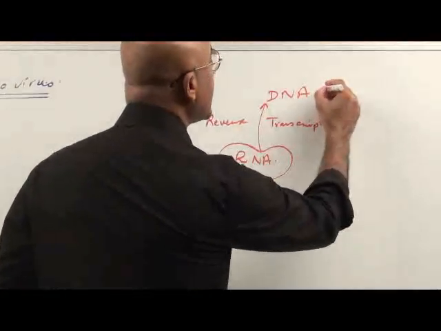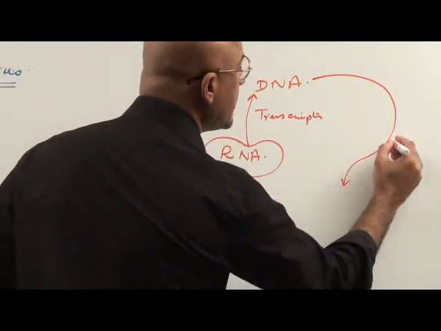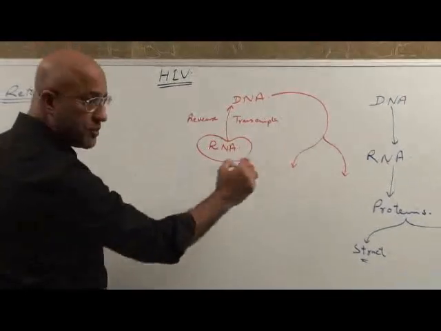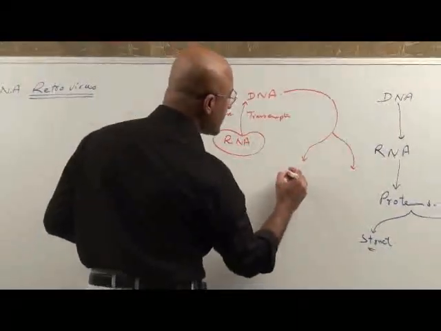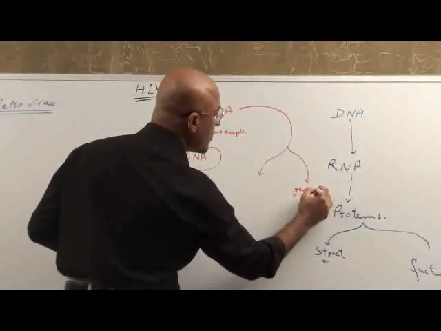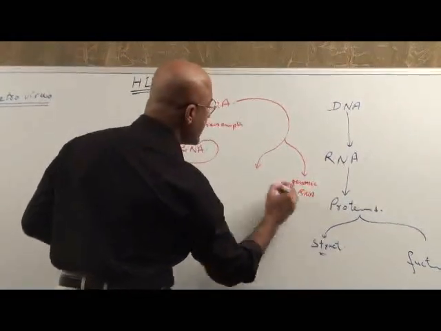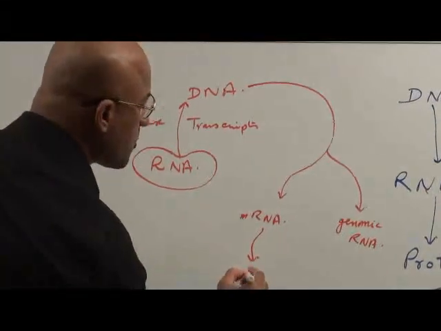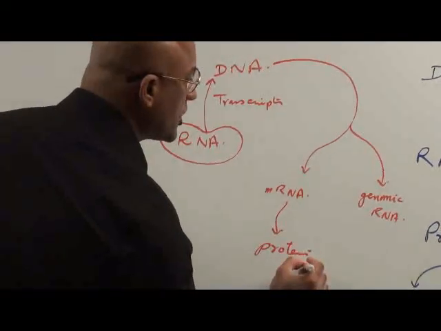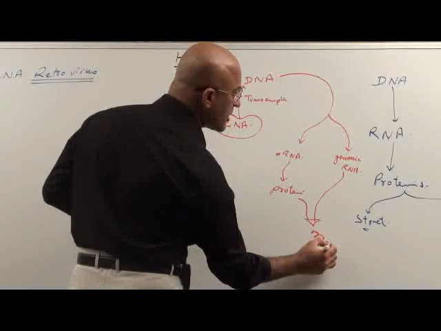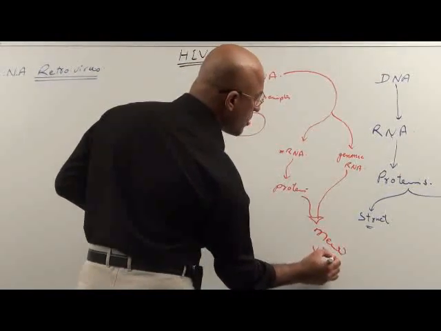And then DNA is again made into two types of RNA, that is, genomic RNA and messenger RNA, and from messenger RNA viral proteins are made, and these proteins with the genomic RNA make the new virus, right?